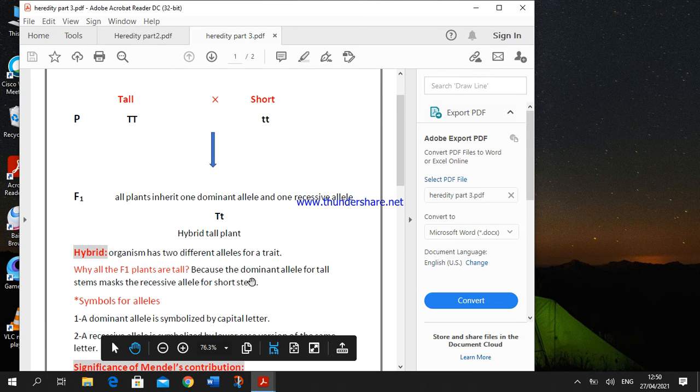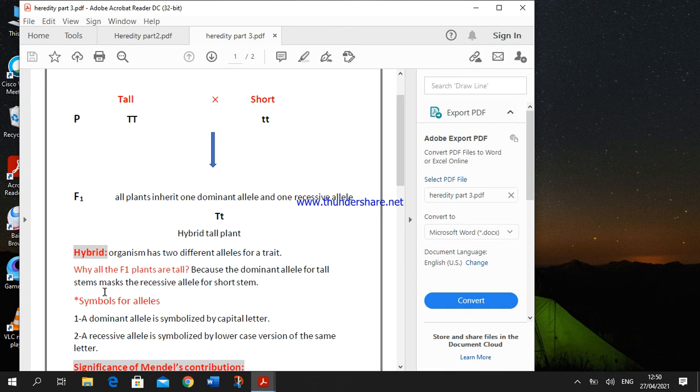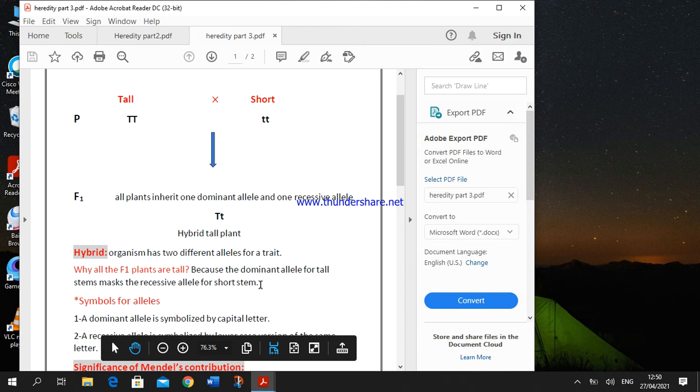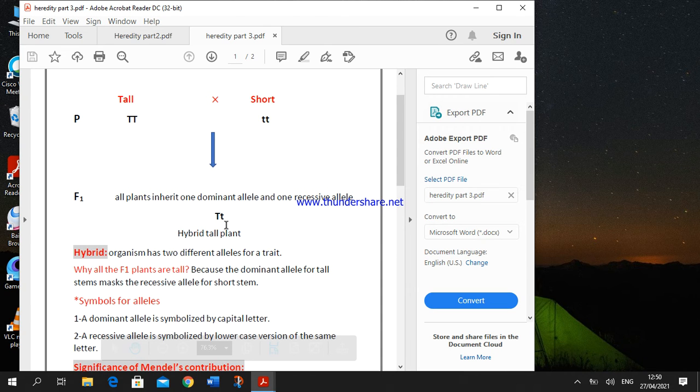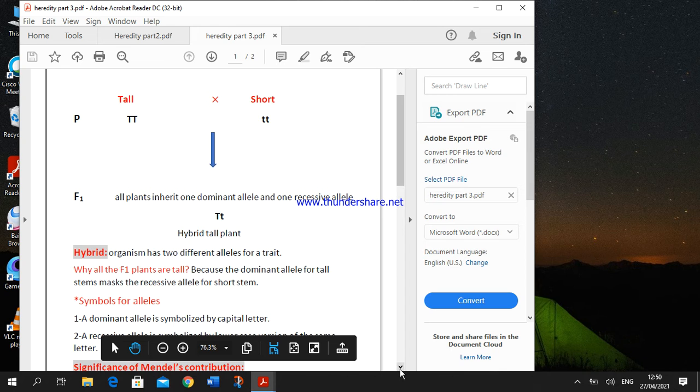Because the dominant allele for the tall stem, expressed by T capital, can mask the recessive allele for the short stem, expressed by T small. So the tallness trait is strong enough to hide the shortness trait.